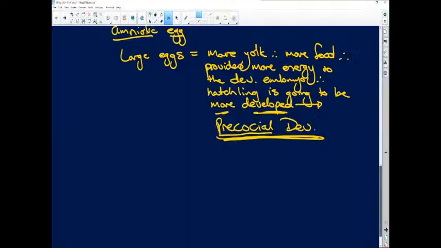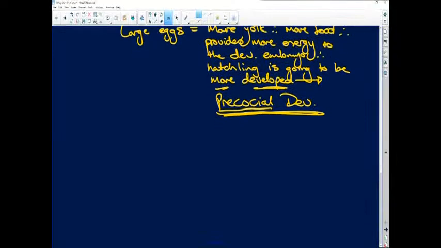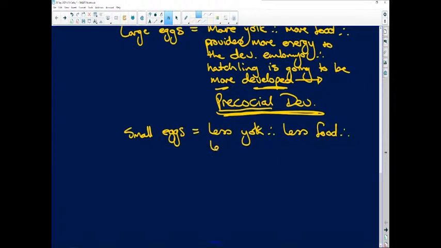On the other hand, and in contrast, when you have small eggs, what happens is you have less yolk. So you must just use your common sense. Therefore, there is less food, and therefore less energy is provided for the developing embryo.